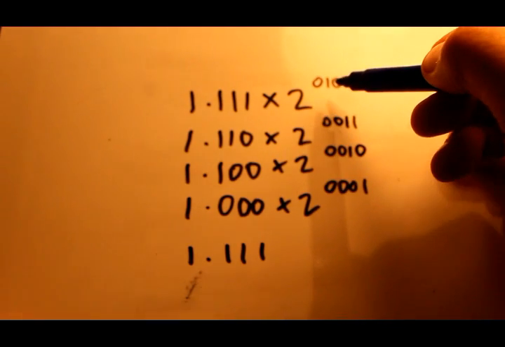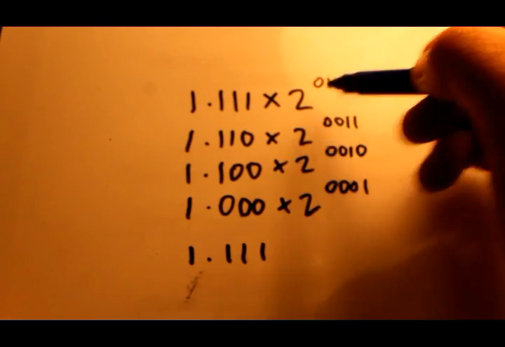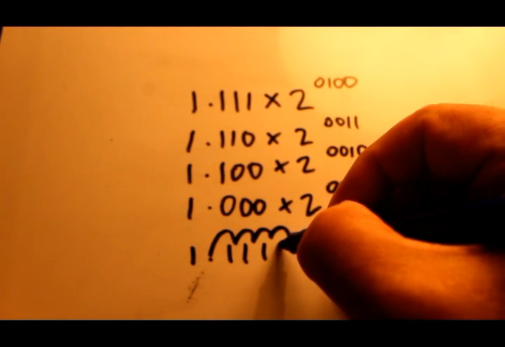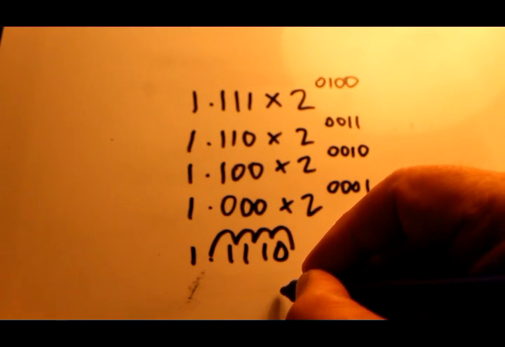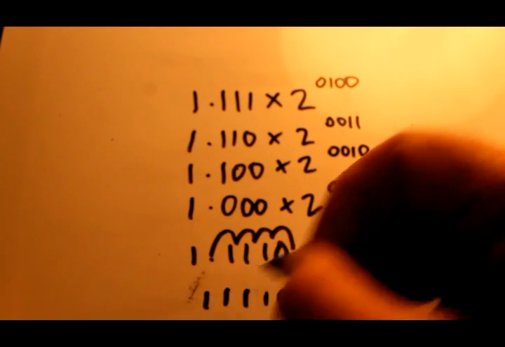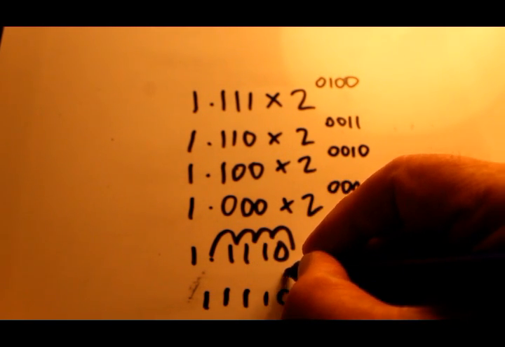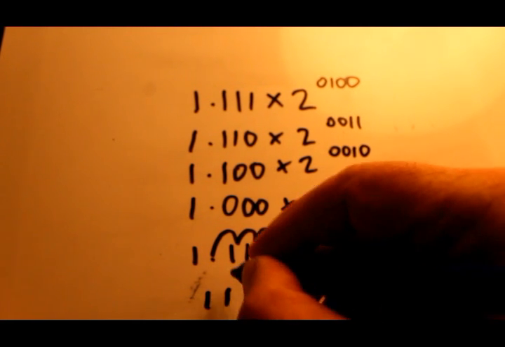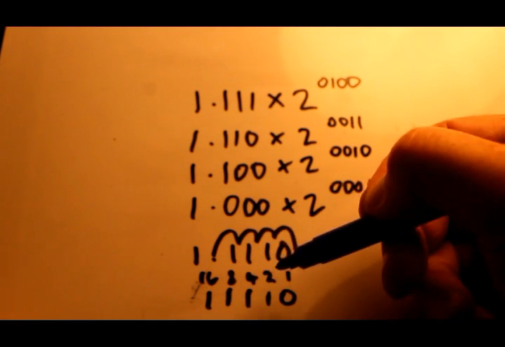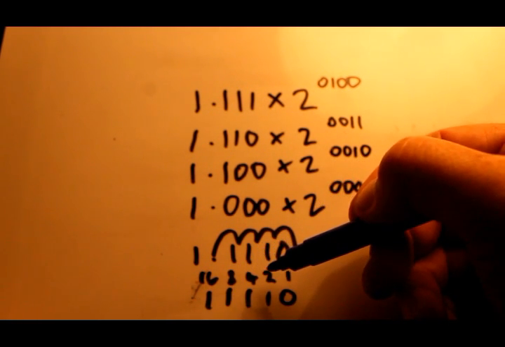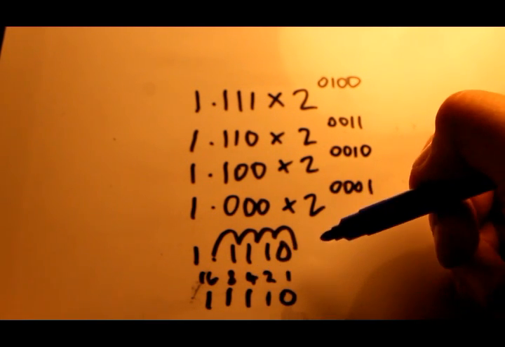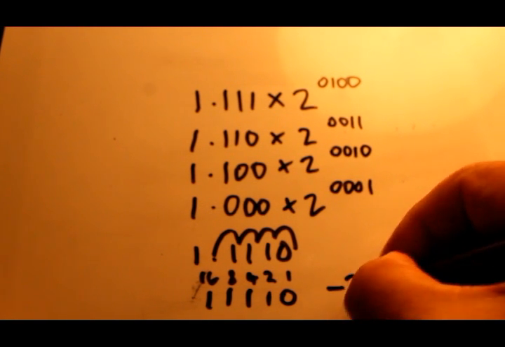Now the decimal point in this case is floated 4 times. 1, 2, 3, 4. Okay, so the number we are now looking at is 0, 1, 1, 1, 1. So that will be 1, 2, 4, 8 and 16. So if we take 8 from that leaves 8, 4 from that leaves 4, 2 from that leaves -2.